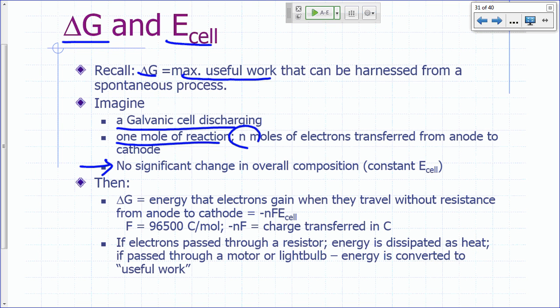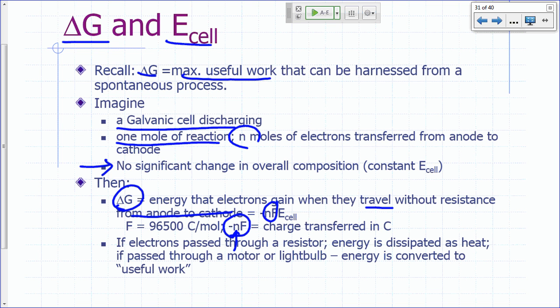Throughout that process, then you say delta G would be the energy that the electrons will gain when they travel without resistance from the anode to the cathode. And so that's just given by the charge. So n moles of electrons times the charge per mole. So negative n moles times negative F will be the total charge transferred.